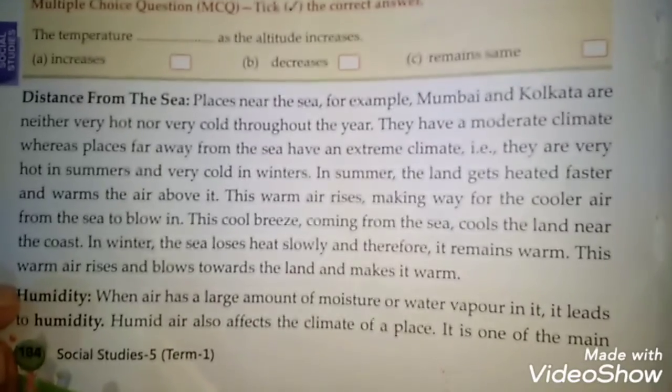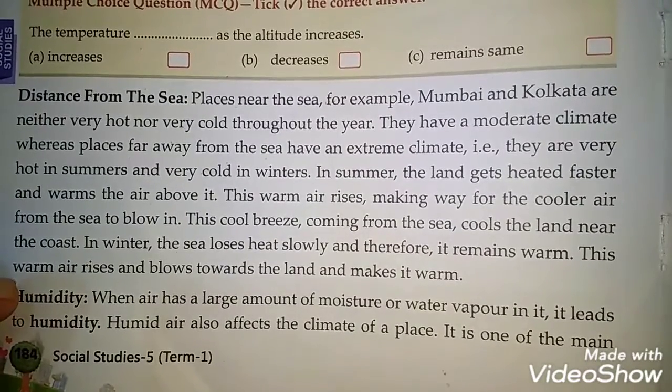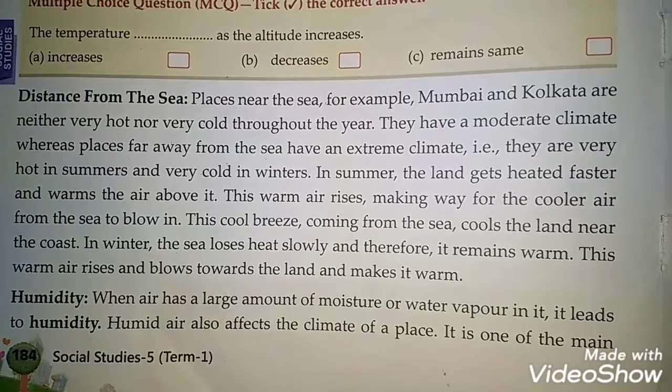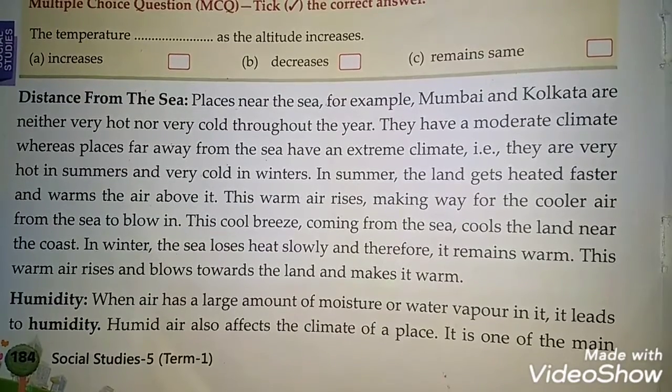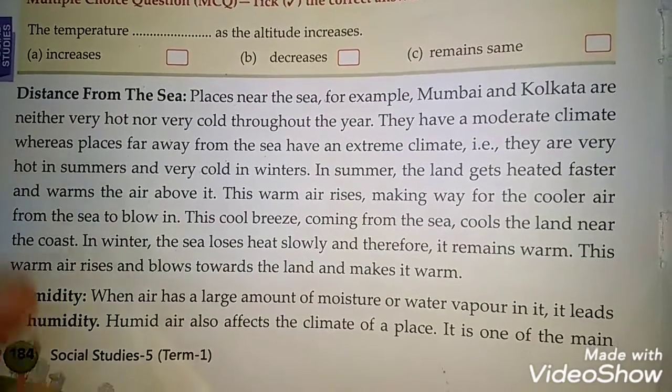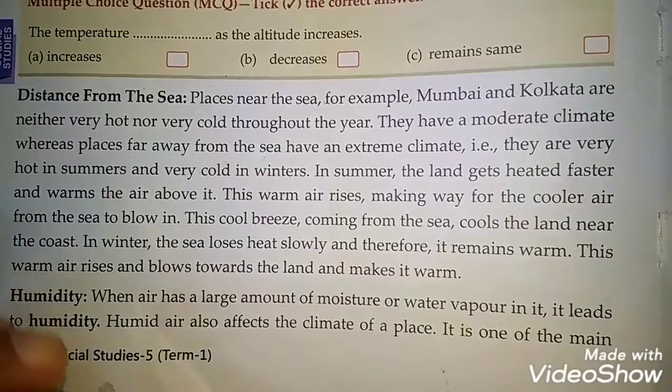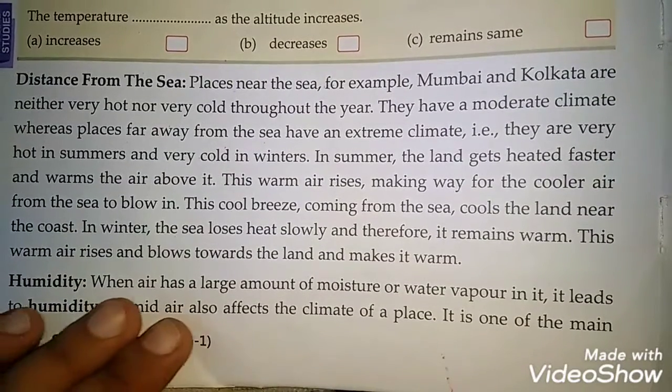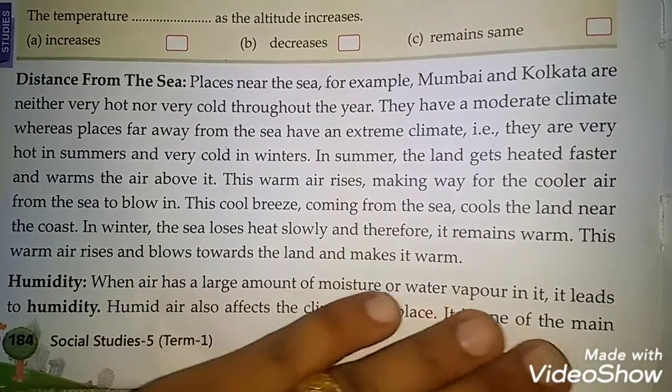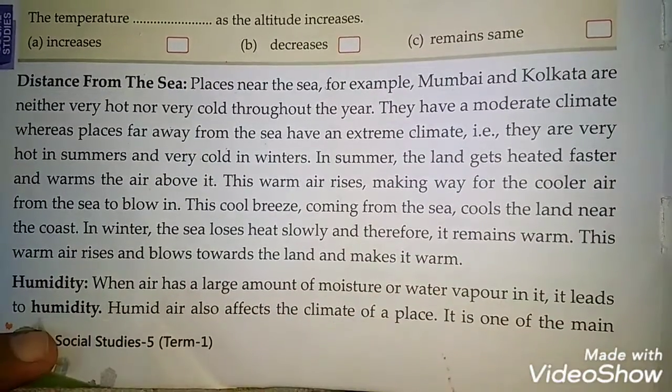Now, what do you mean by breeze? Breeze is a word which is given to wind which blows near the sea or the coastal areas. Now, what do you mean by humidity? Humidity means when air has a large amount of moisture or water vapor in it, it leads to humidity.